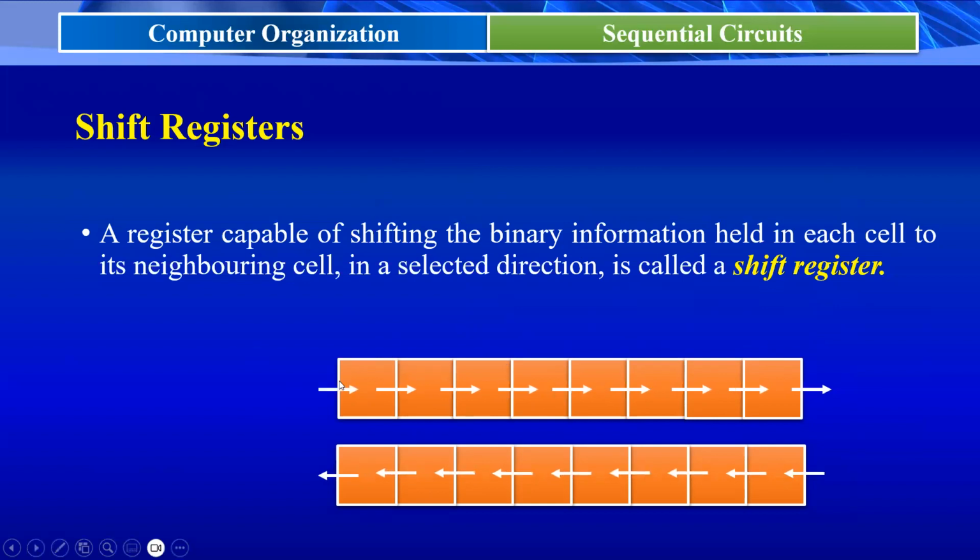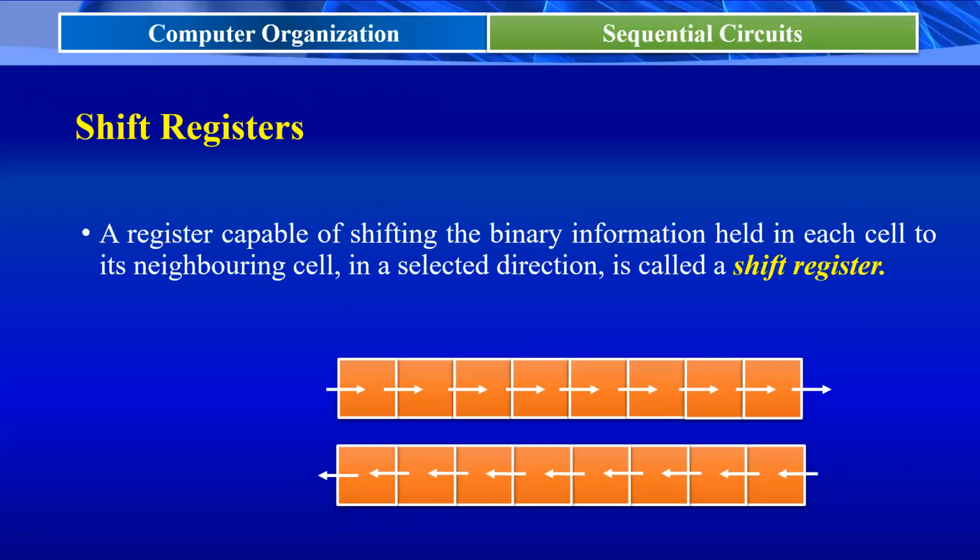That means you can either shift data from the most significant side to the least significant side, which is called shift right, or we can shift data from the least significant side to the most significant side, which we call shift left. That means in a register we can shift our data in either direction, to the right side or to the left side.